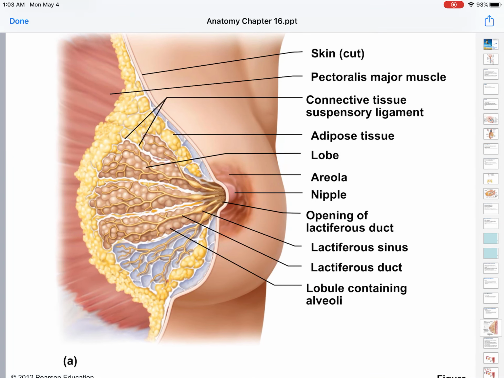So working inside to outside, you have all this yellow area, which is fat contained within the breast.